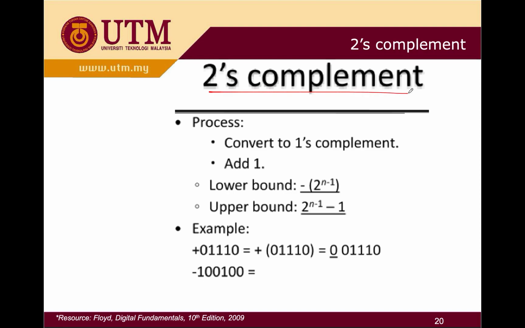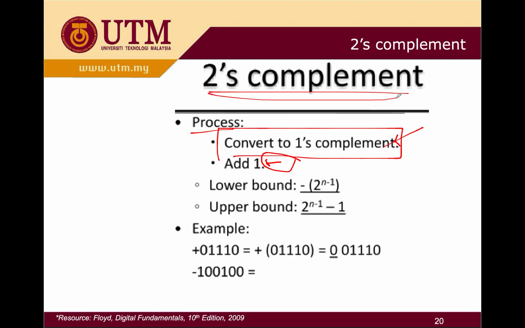For the second complement, what you need to do is first convert it into the first complement, then add 1. It's quite simple, alright? You just need to know the method and the steps on first complement and just add 1. Then you get the answer for the second complement if you were given the numbers.